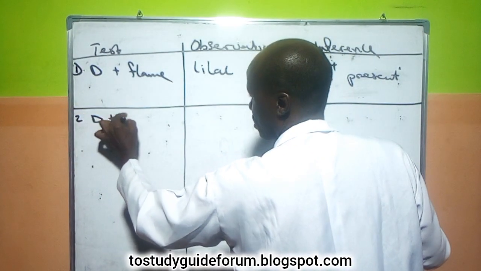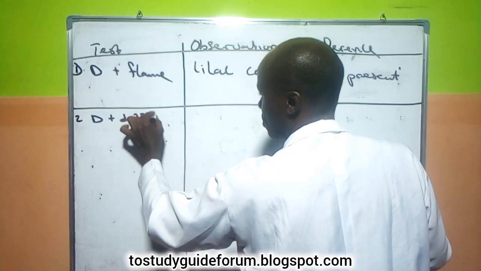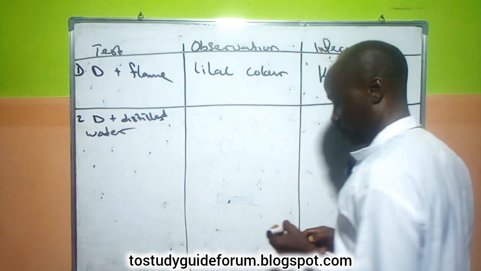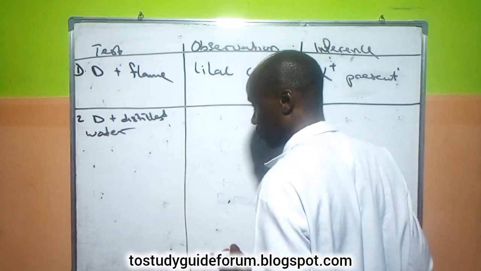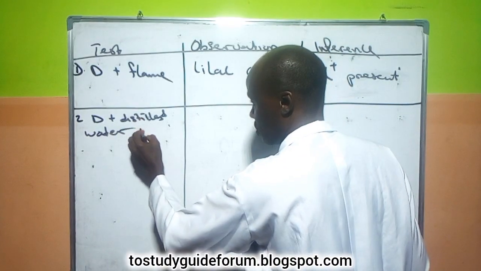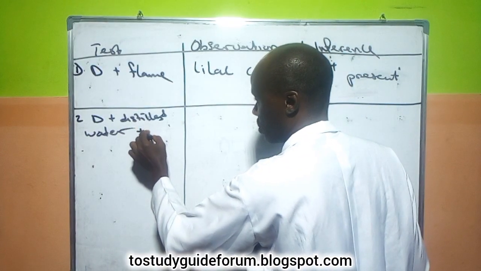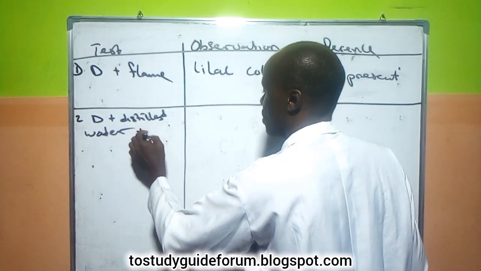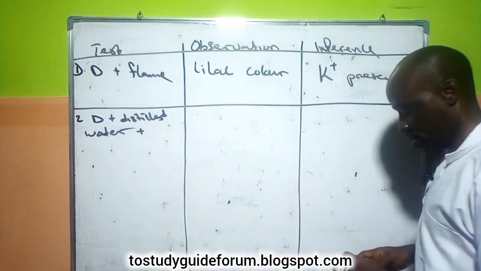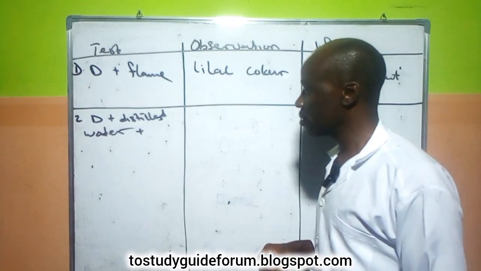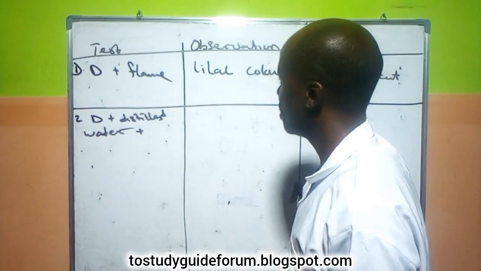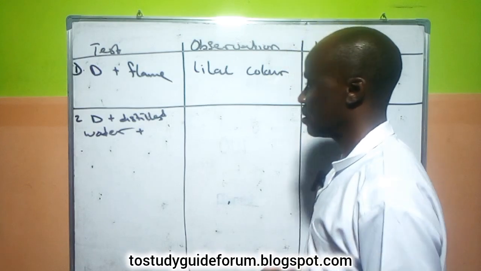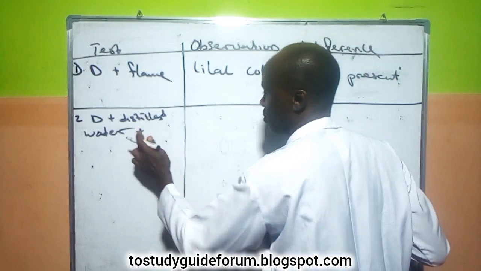The next one, the second test, is D plus distilled water, and then you test with litmus paper. When you test with litmus paper, it actually gives a basic result.